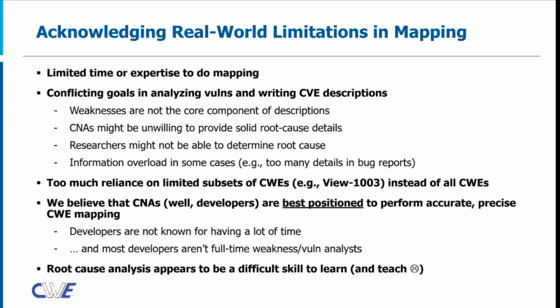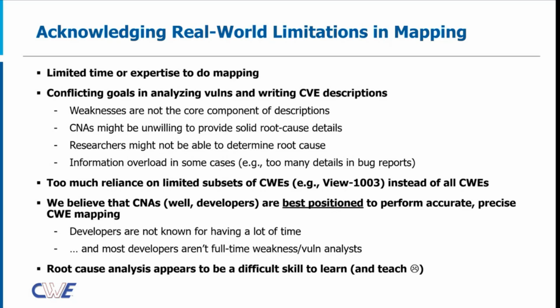Another limitation we've seen is this reliance on the CWE View 1003. In CWE, this is a subset of weaknesses that have been identified for the ease of mapping. This came about, I want to say maybe 10 or so years ago.